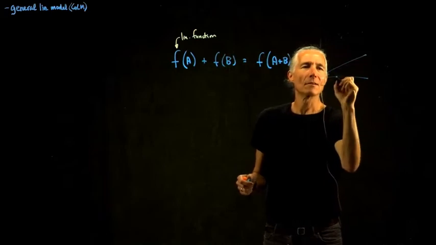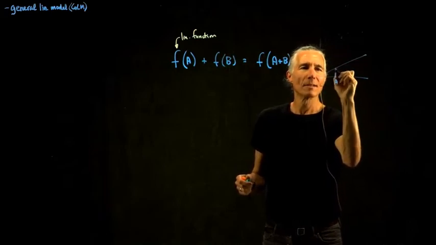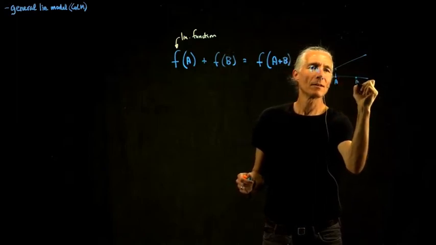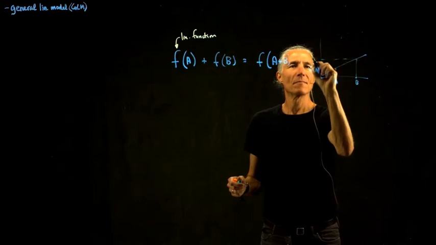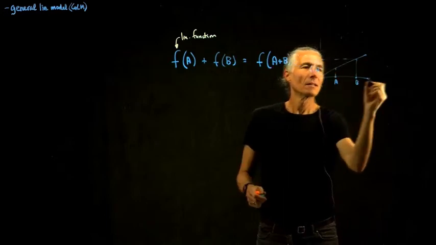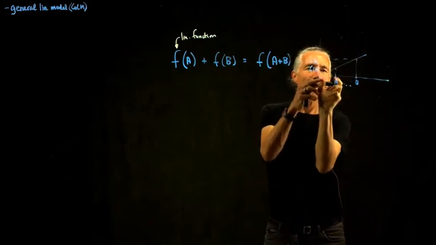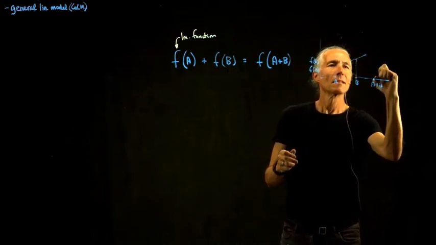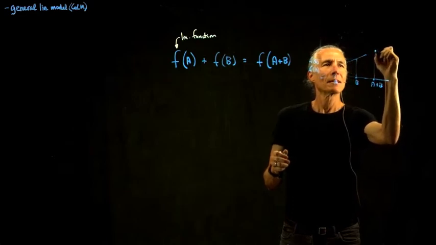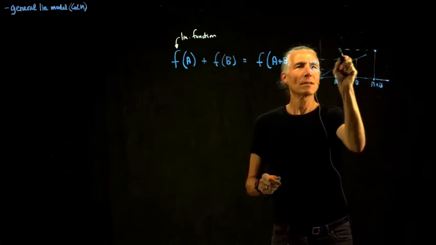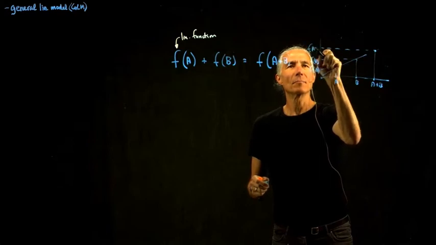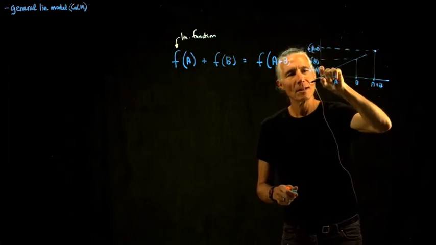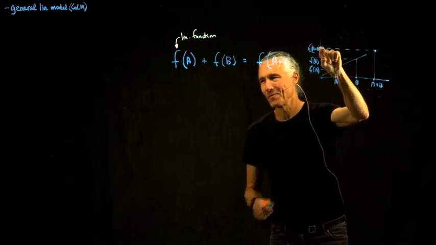So if you have A over here, then this is f of A, and you have B over here, then this is f of B. Then if you add A and B, so here's A plus B, then this number over here, f of A plus B, should basically equal this one on top of that one.